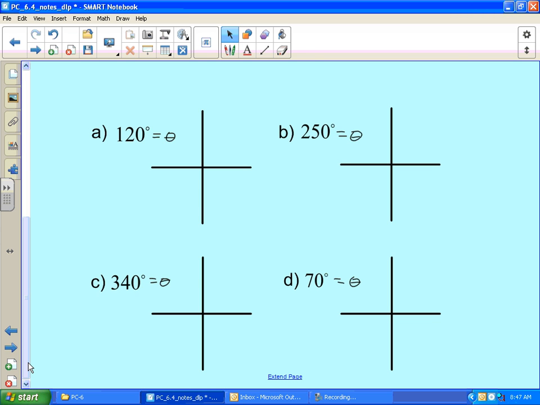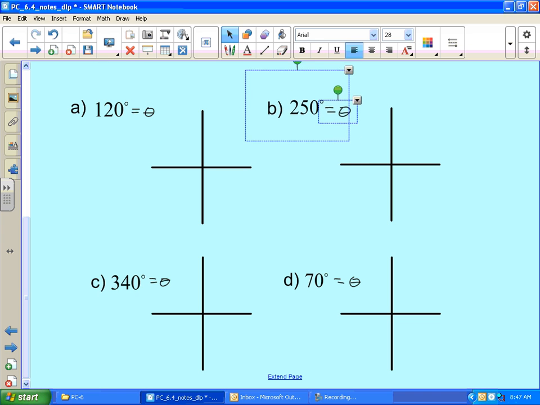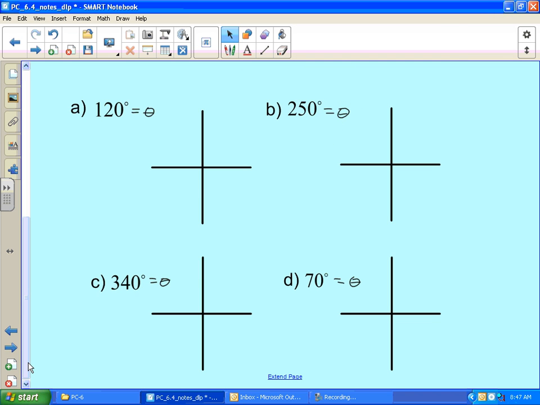In the first example here, 120 degrees is over in quadrant 2, so we're just kind of estimating. There's our theta 2, because we're in quadrant 2 at 120 degrees. Just to get ourselves going, here's the triangle that results.